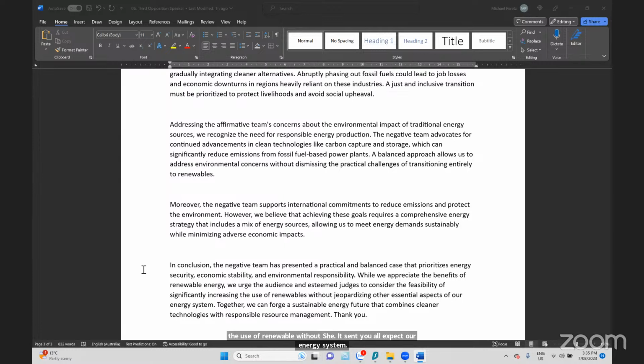Together, we can forge a sustainable energy future that combines cleaner technologies with responsible resource management.